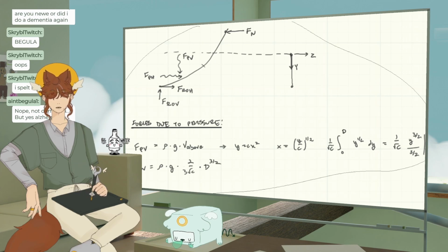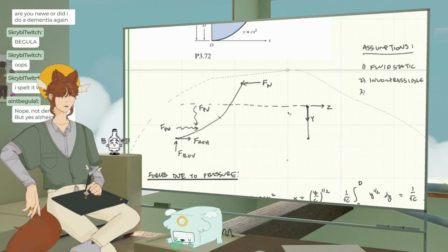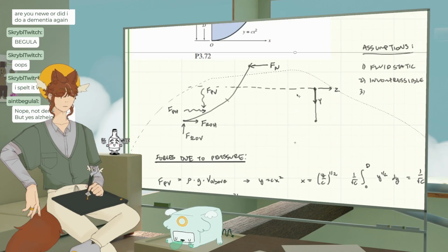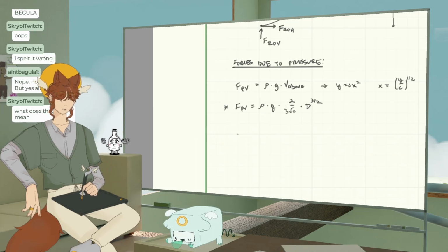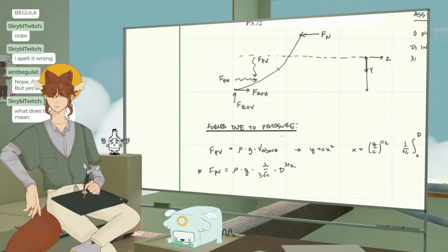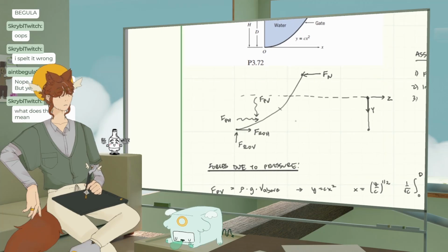Okay, we need a line of action now, which means we need a centroid. Do I really have to do a centroid integral? They're gonna make me do it. Fine. So I want the distance. Remember how to do a centroid integral?